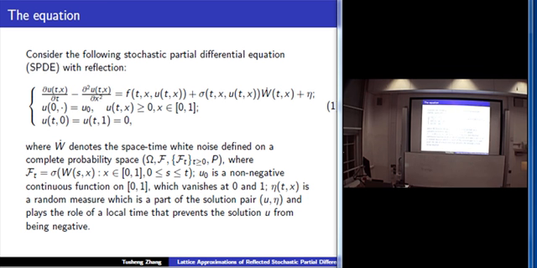So we have a Dirichlet boundary condition, because the boundary is 0, 1. So this is a zero boundary condition.